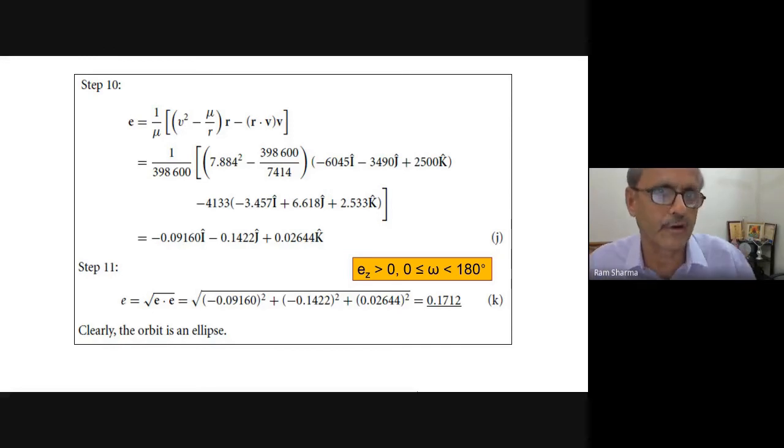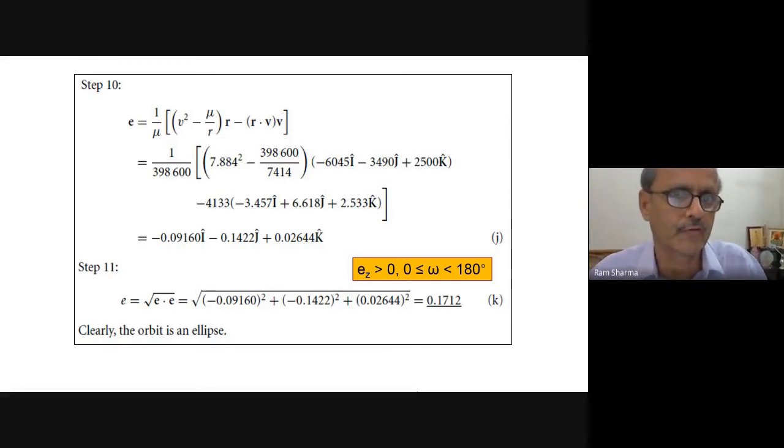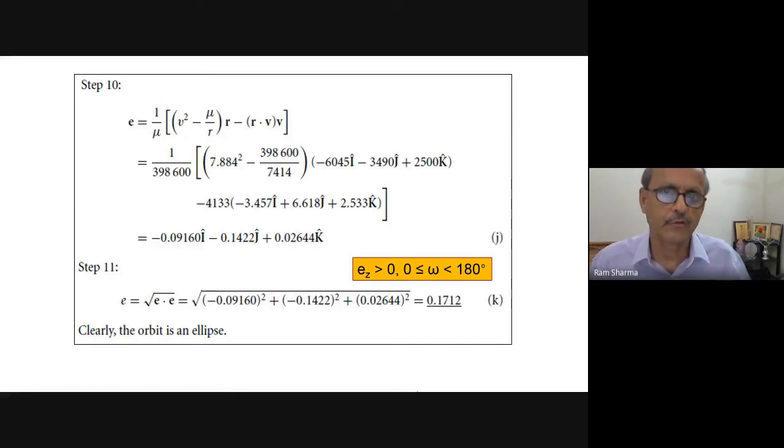These values are already known to us: V square, mu, and R, because we are already calculating it. The R vector is given to us, and V dot R we are also calculating in the radial velocity. So we only have to substitute their values and do the vector addition and subtraction.